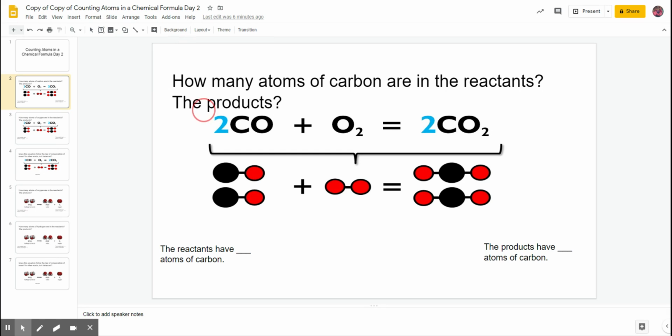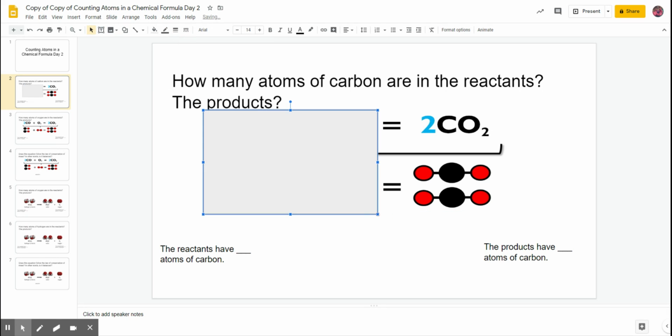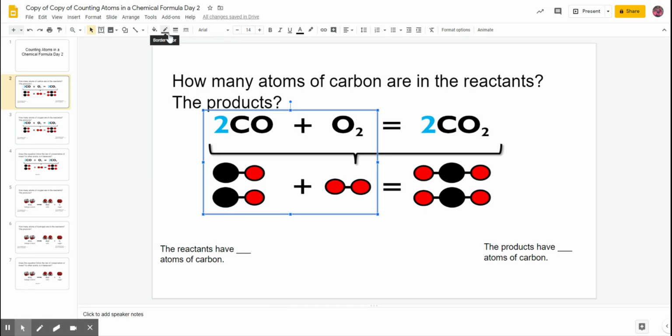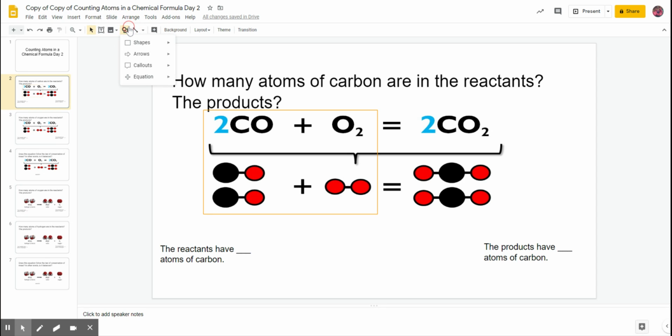So what I just put a box around, I'll make it orange so you can see it better, what I just put the orange box around is the reactants. Notice how I wrote the reactants have blank atoms of carbon on the left-hand side, so you know it's the reactants. The products have blank atoms of carbon over on the right-hand side, so you know it was the products. Anyways, it just has to do with where in the chemical formula it is.